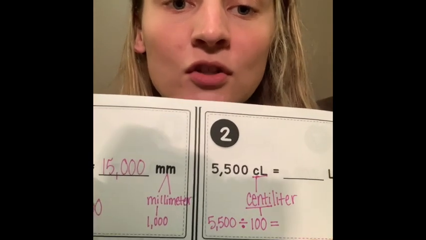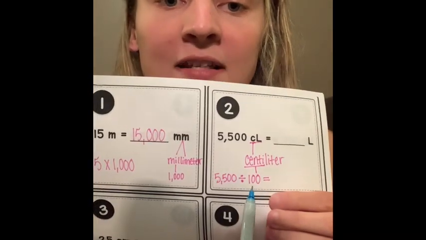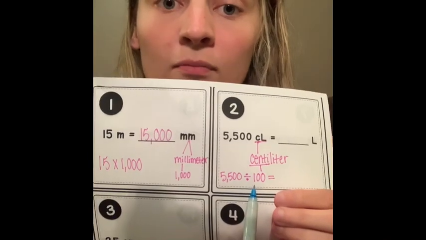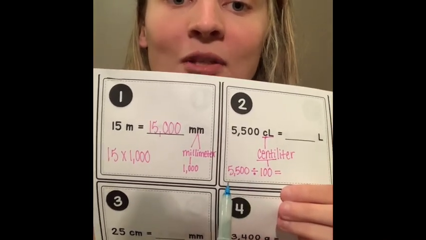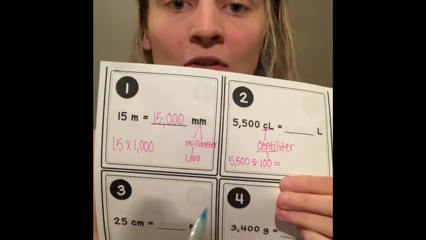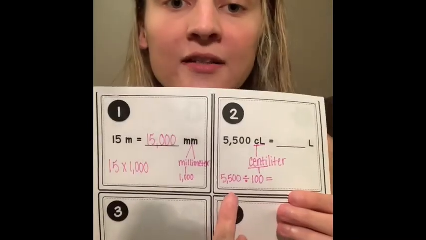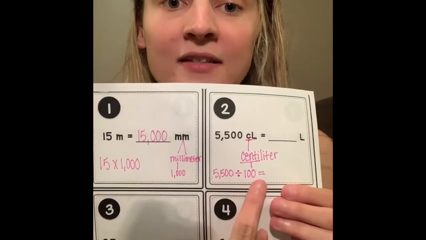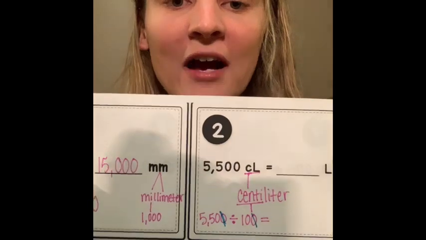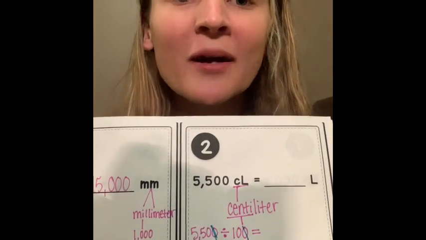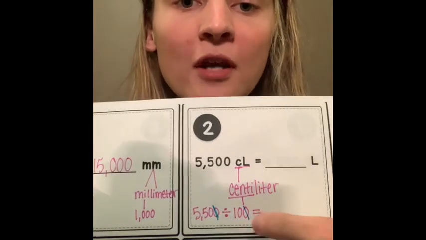Okay? So there are how many zeros in 100? 2. And there are how many zeros in 5,500? 2. So when you see a 0 in this number and a 0 in this number, you can mark it out. So I'm going to mark 1 0 from 100 and 1 0 from 5,500. Do I still have a 0 in both numbers that I can mark out? Yeah.